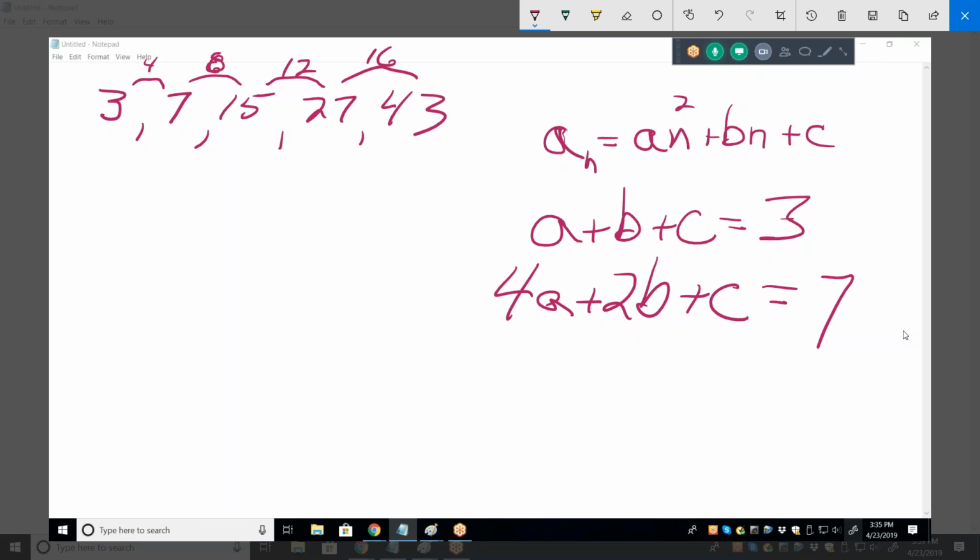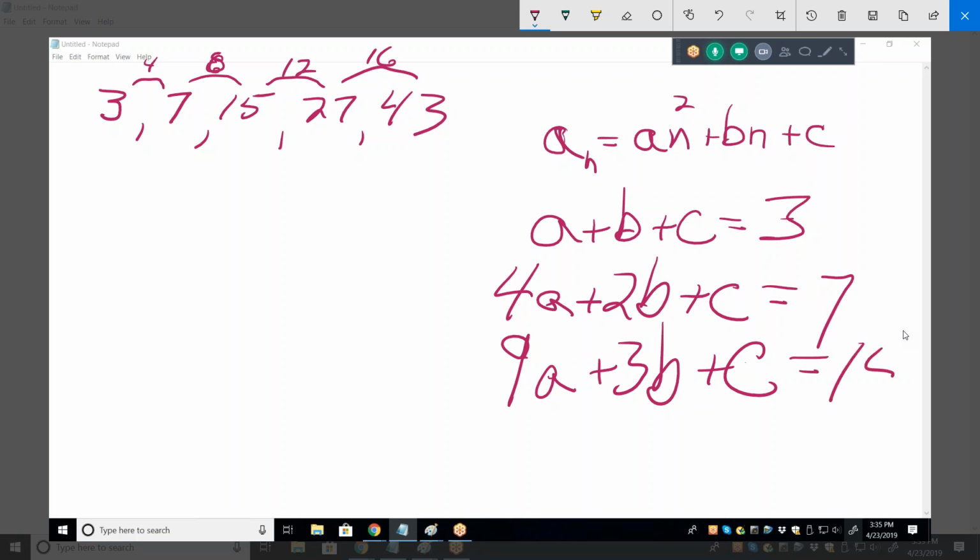If I plug in 3 for n, that's 9a plus 3b plus c equals 15. Yes, sir. There's 3 equations, 3 unknowns. We should be able to solve for a, b, and c.